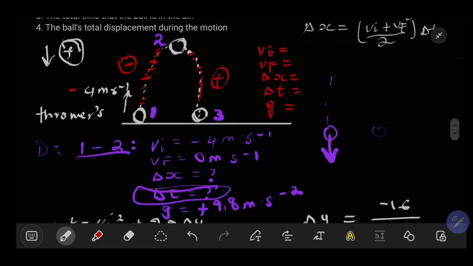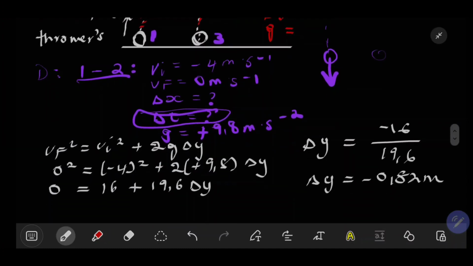Why? Because the ball is going upward, and I told you that when the ball is going upward, we will have a negative result. So here our ball will be 0.82 meters above the thrower's hand.